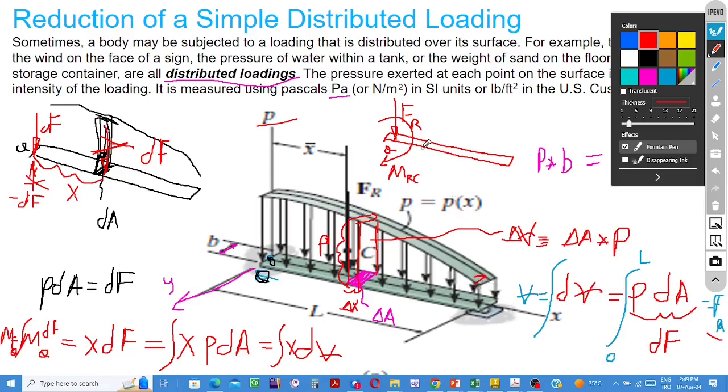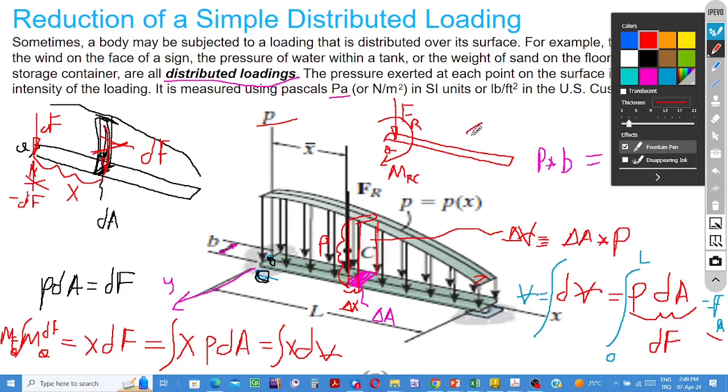The resultant couple vector is perpendicularly oriented with respect to the resultant force. Whenever the line of action of the resultant force and the line of action of the resultant couple are perpendicular to each other, such a resultant couple and resultant force system can further be reduced to what?